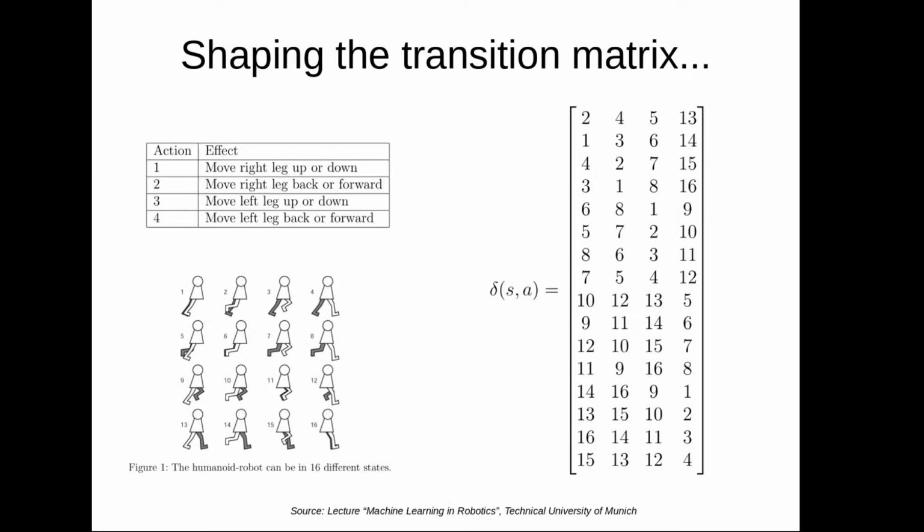By knowing the states and the actions, we can shape the transition matrix, where each value gives us the next state by applying the right action at the current state.